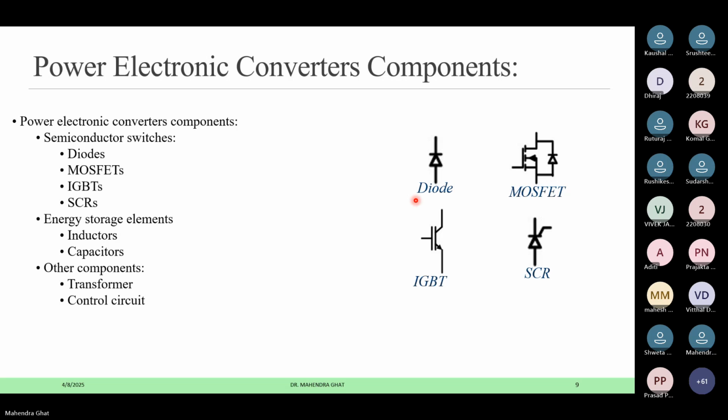Then any power electronics converter will not go alone with just these power electronics devices. It will have some storage elements, and storage elements are mainly inductors and capacitors. So we also have to use inductors and capacitors in our converters. Similarly, in some applications we require a transformer.